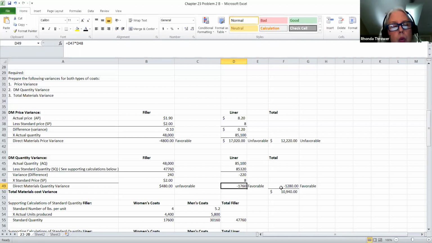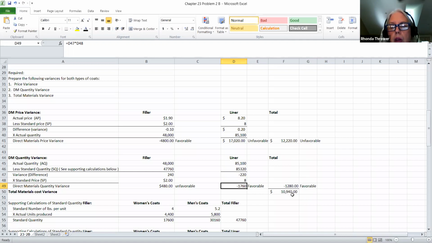And once we know what the direct materials quantity variance is, we can combine that with our direct materials price variance. And since there's an unfavorable higher amount than a favorable amount, that difference of $10,940 is unfavorable, because this one was unfavorable and this was favorable.